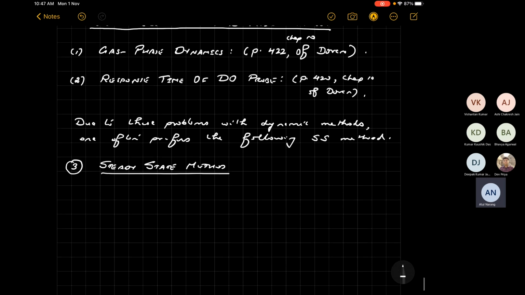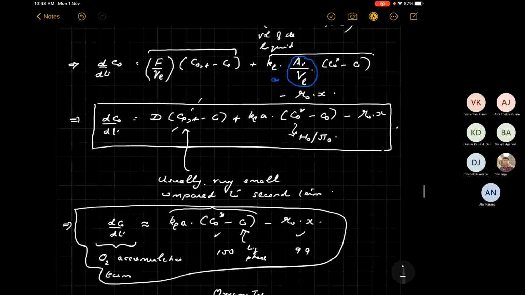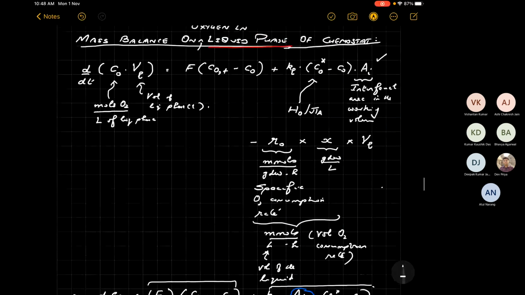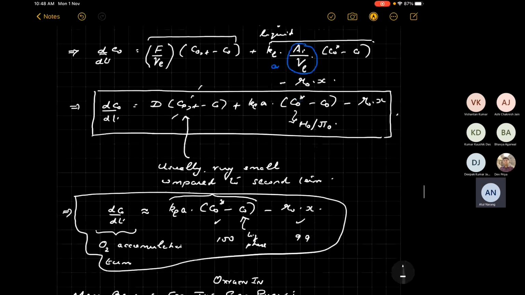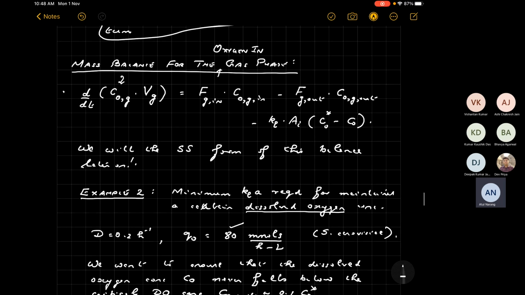And let me go back and show you that balance. Let's see. This is the liquid phase balance right here. This is the gas phase balance. Now, it's very easy to show you what's going on here. Now, at steady state, so maybe I'll show it right here. The idea is really simple.